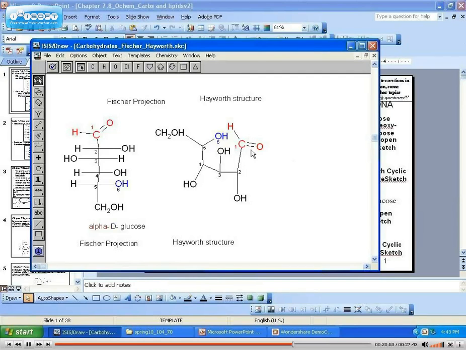Now, just like last time, the alcohol is going to form the ether, and the ether will form an anomeric carbon, resulting in a new alcohol. And the alcohol will be in the down position because it's an alpha D-glucose.